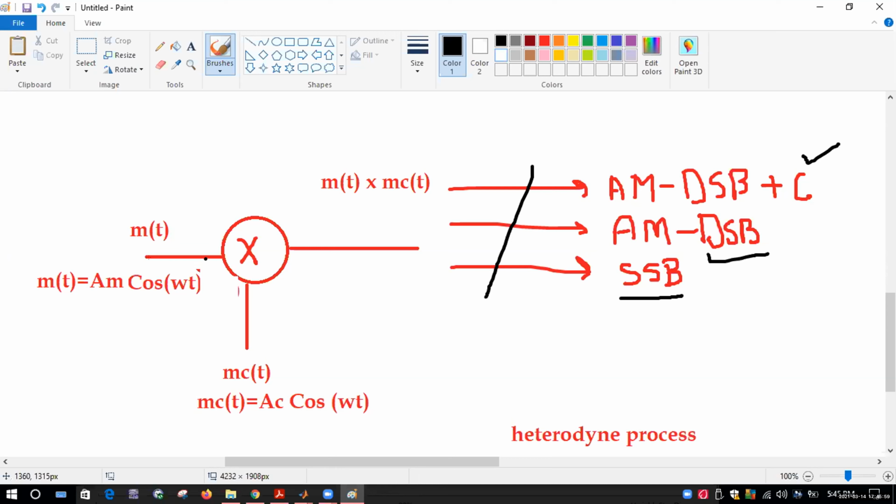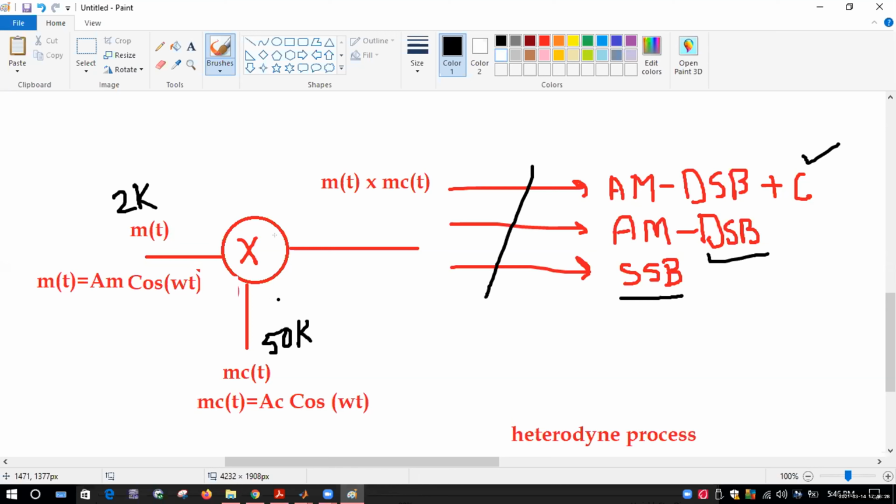Now, what's that? Let's say you have a message signal of 2 kilohertz and you have a carrier of 50 kilohertz. When you mix these two frequencies, what happens? If it's a double sideband modulator with suppressed carrier, it will add these two. So what will you get at the output?